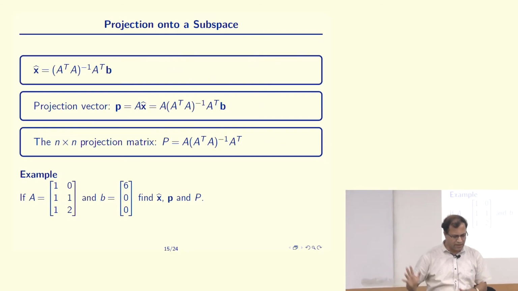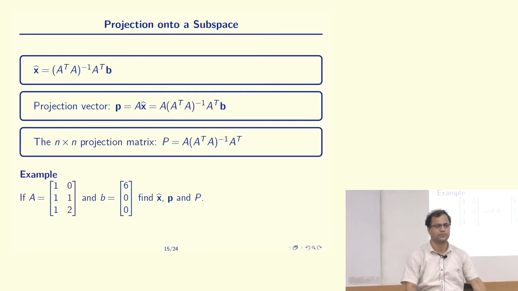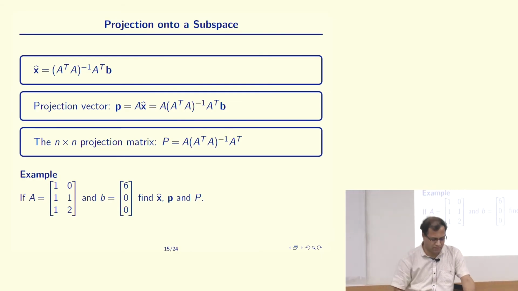So these are all the expressions, but you can easily find similar to the projection on the line. I think this example you can try yourself. You can compute similarly.